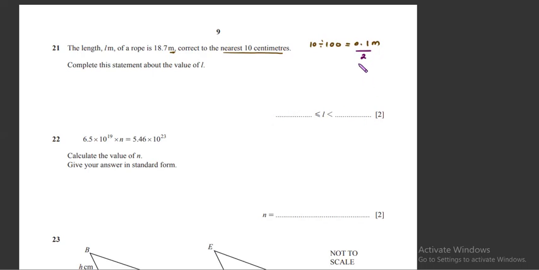When I divide the 0.1 by 2, I get 0.05, which means to this 18.7, I need to add 0.05 to find the upper bound, and I need to deduct 0.05 to find the lower bound. So we end up getting 18.75 as the largest value, and the smallest number is going to be 18.65, because from 18.7, when I deduct 0.05, I get 18.65.